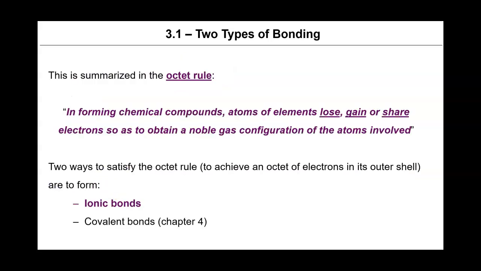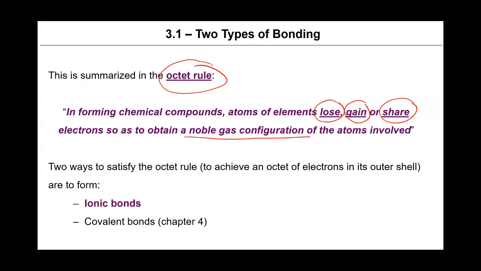So this is often summarized by what's referred to as the octet rule, which says in forming chemical compounds, atoms of elements either lose, gain, or share electrons so as to obtain a noble gas electron configuration of the atoms involved. So there are 2 ways to satisfy the octet rule.